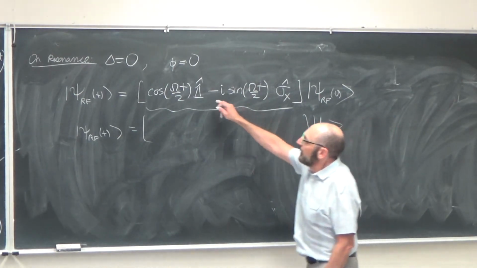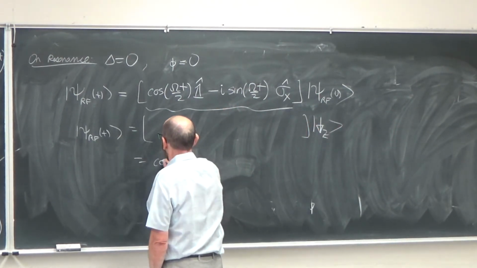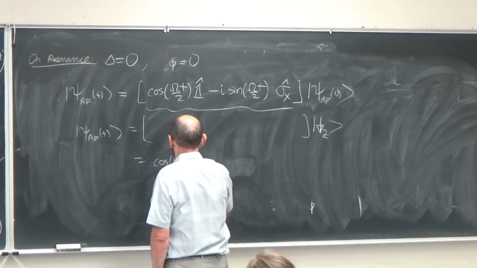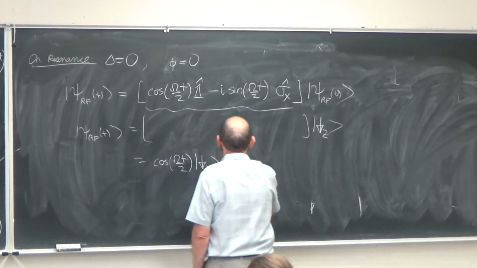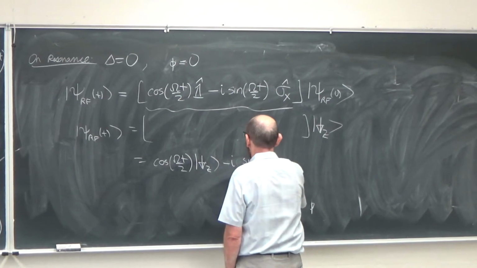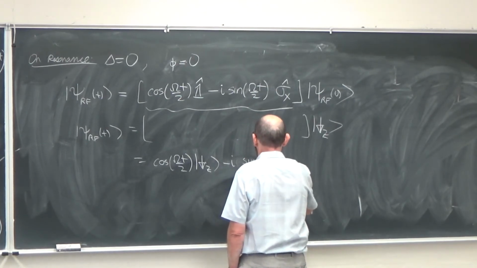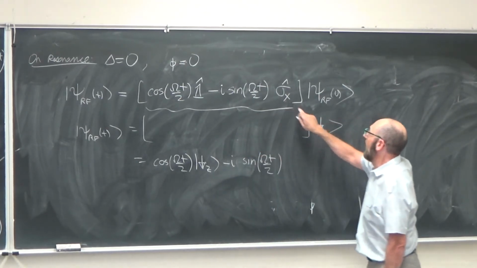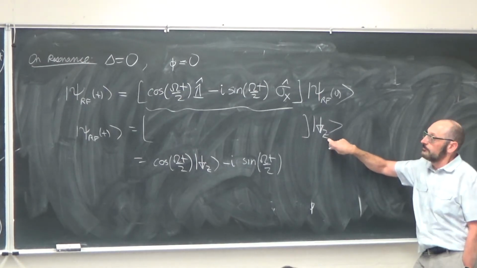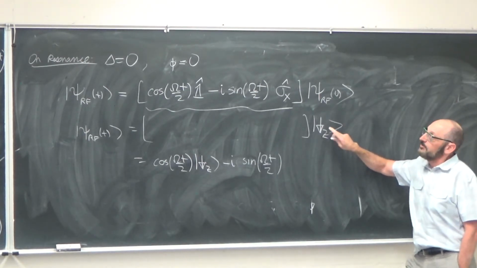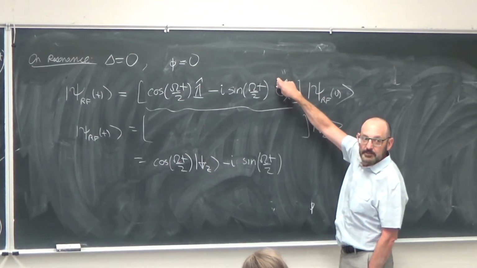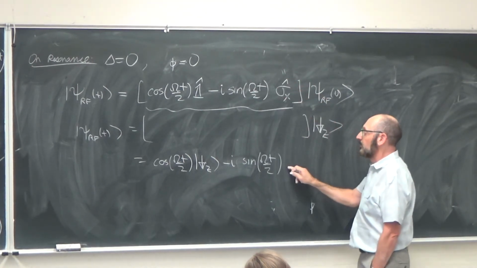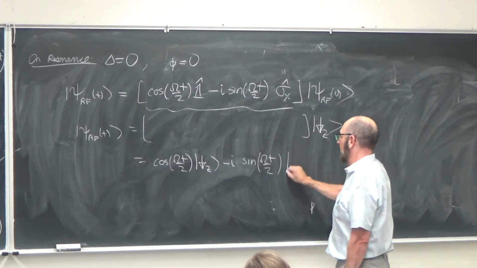Well, I'm going to get cos(omega t over 2) down minus i sine(omega t over 2). And what happened when sigma x acted on that? Well, sigma x is equal to sigma plus plus sigma minus. So what is this equal? Spin up.